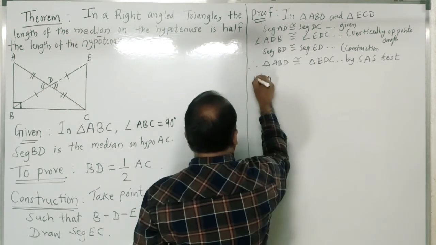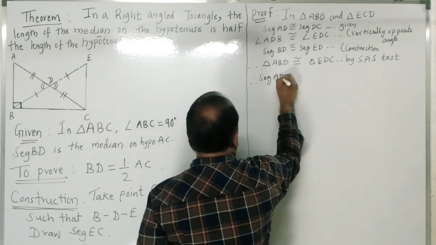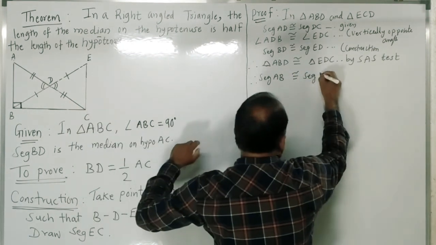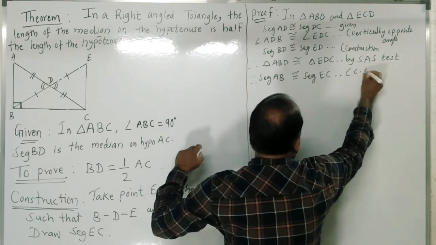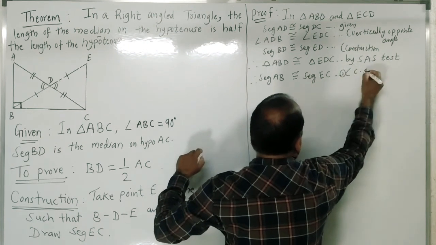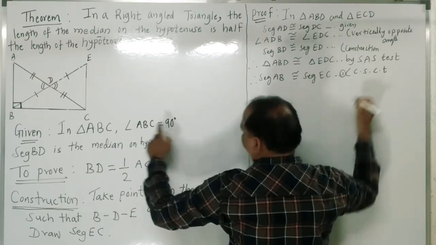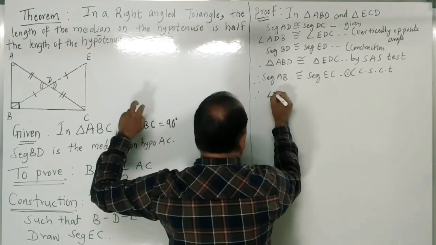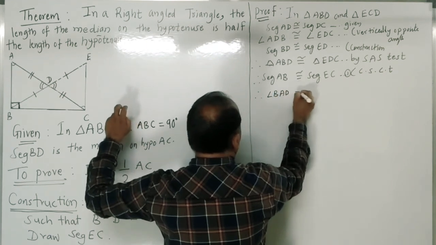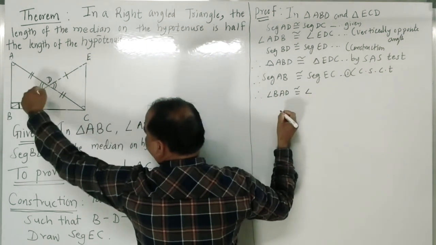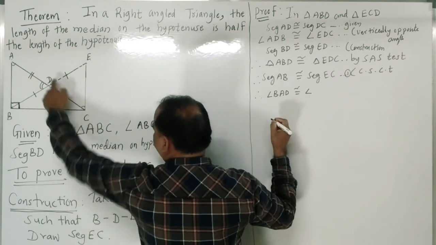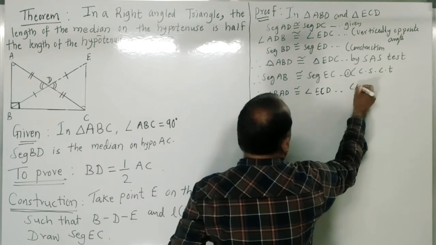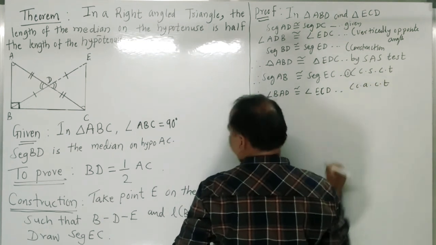Therefore, segment AB is congruent to segment EC, corresponding sides of congruent triangles. Let us call this number 1. Therefore, angle BAD is congruent to angle ECD, corresponding angles of congruent triangles.